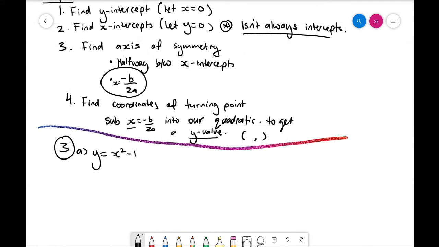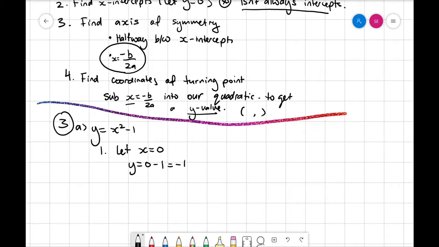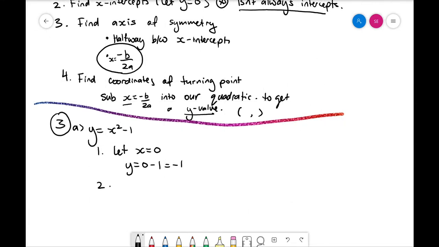Now the first step is we want to find the y-intercept. So what we do is we let x equal to 0, which will give us y is equal to 0 minus 1, which is minus 1. So we've got our y-intercept here. Now we want to find our x-intercept. So we let y equal to 0.